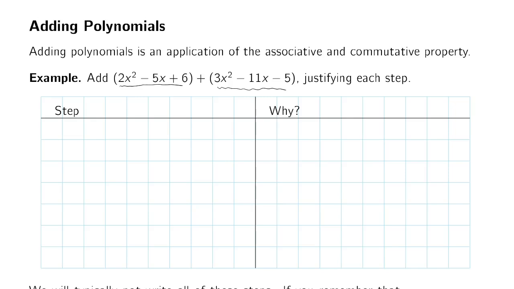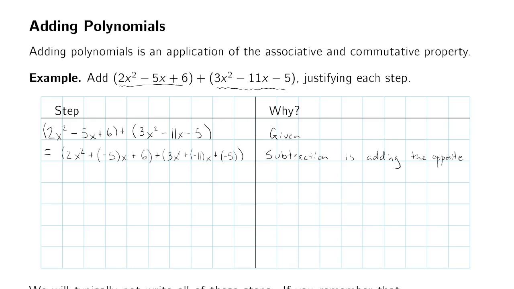So let's start by copying the given polynomial. We'd like to get rid of those parentheses so that we can combine our two trinomials here. And technically speaking, these include subtraction, which is not associative. So before we can get rid of the parentheses, technically, we need to remember that subtraction is just adding the opposite.